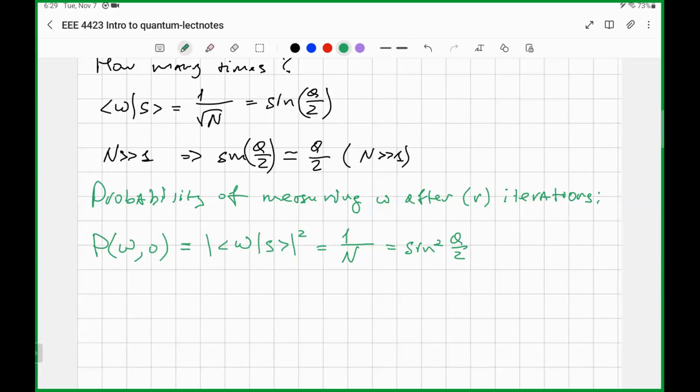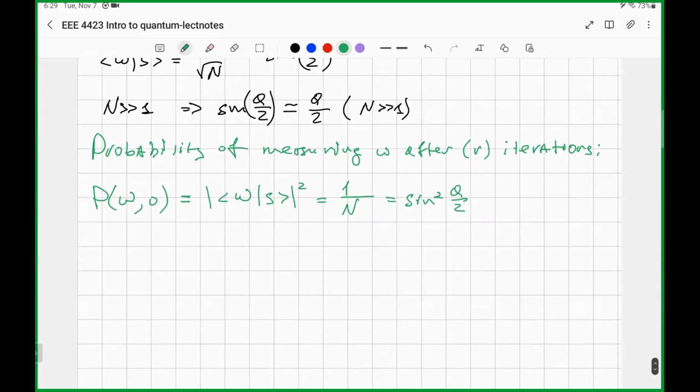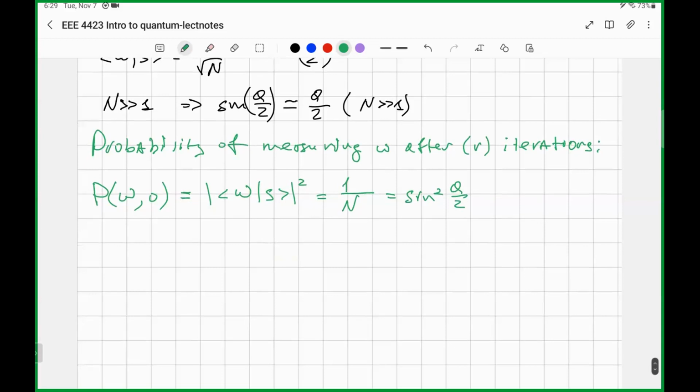When we have a large number of elements in our database, the probability of getting the correct result after one choice, one search, is a very small number, as it's supposed to be.